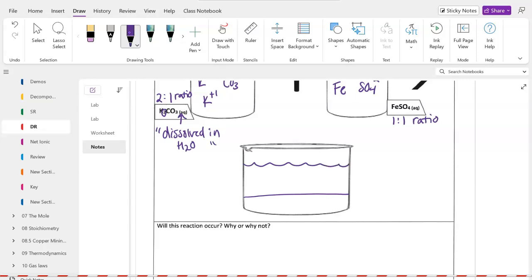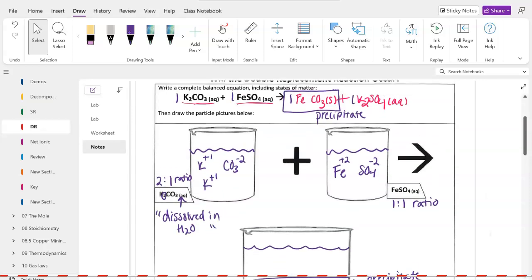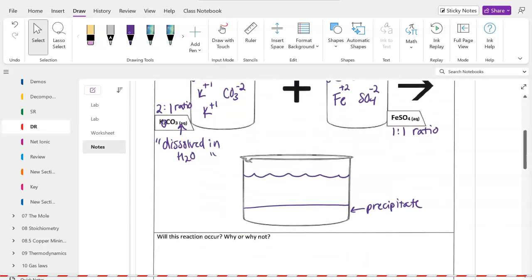So you make this heterogeneous mixture where your precipitate is going to be at the bottom. And for this example, it's that iron 2 carbonate. So I'm not going to break it apart because it is a solid. So I'm going to keep those particles together. I'm going to draw a couple just to show that it is a layer of our solid precipitate down at the bottom here.